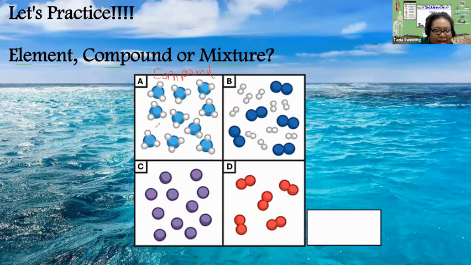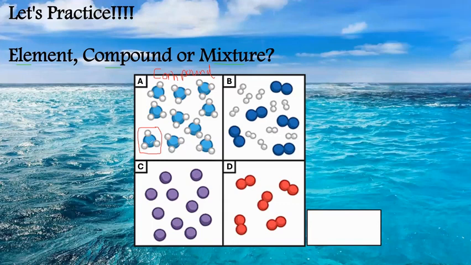Let's just look at one of these things, okay? Can you all see that there is a large blue circle? That large blue circle represents one type of atom or one type of element. Do you all see the smaller white circles? That is a different type because they look different, right?